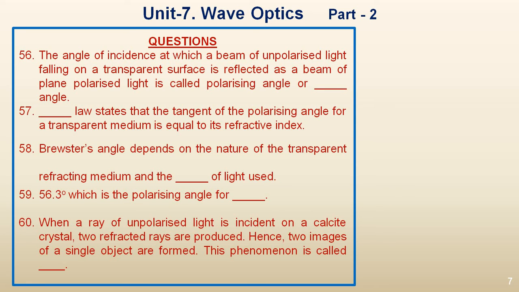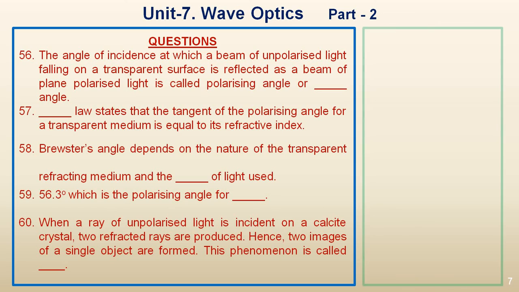Now we have to see the answers for the question number 56 to 60. Question number 56. The angle of incidence at which a beam of unpolarized light falling on a transparent surface is reflected as a beam of plane polarized light is called a polarizing angle or Brewster's angle.